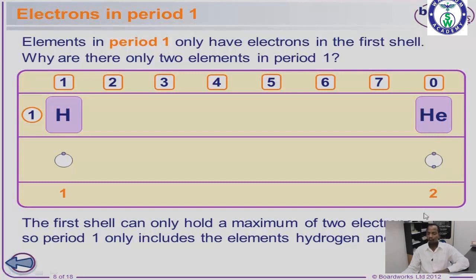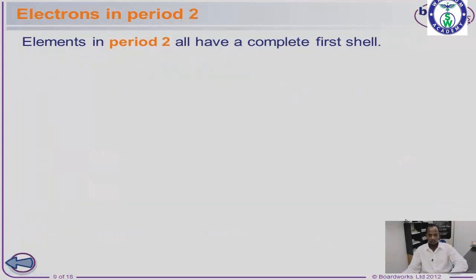So period 1 only includes hydrogen and helium, because with these we get the 2 electrons that we need. We cannot begin to put other elements, because the maximum number of electrons in the first shell is 2. Is that okay? So that's great.